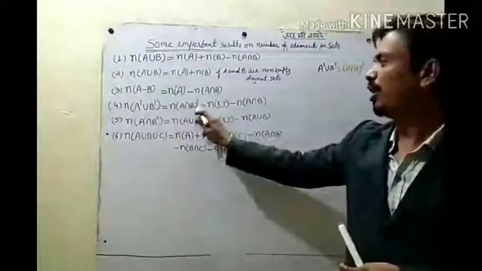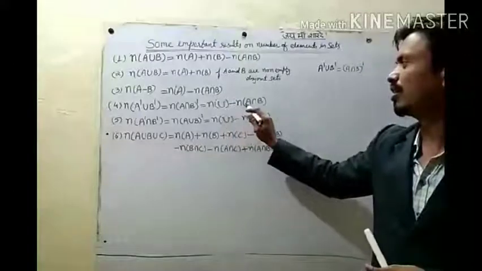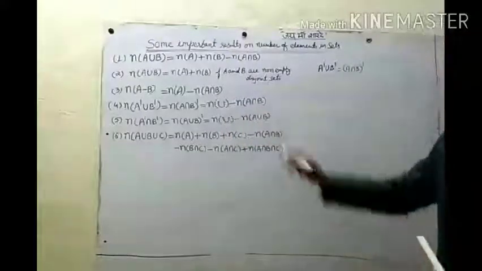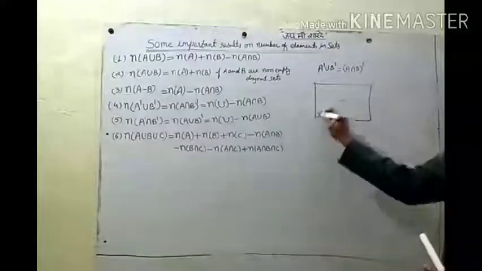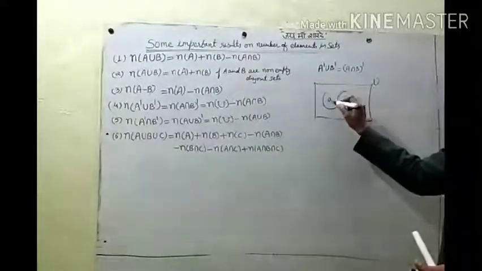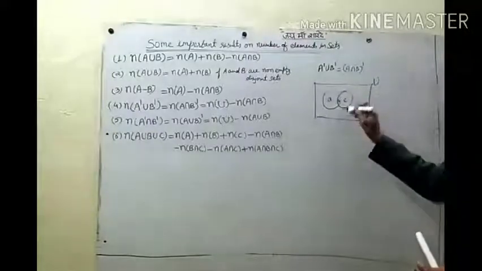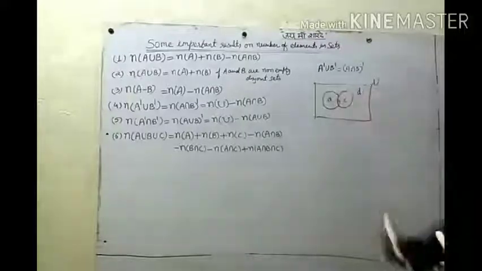So it will be equal to the number of elements in the universal set minus the common elements, A intersection B elements. If you see this, here we have A elements, here we have B, and here C. Okay? And here some D elements are in this remaining part.